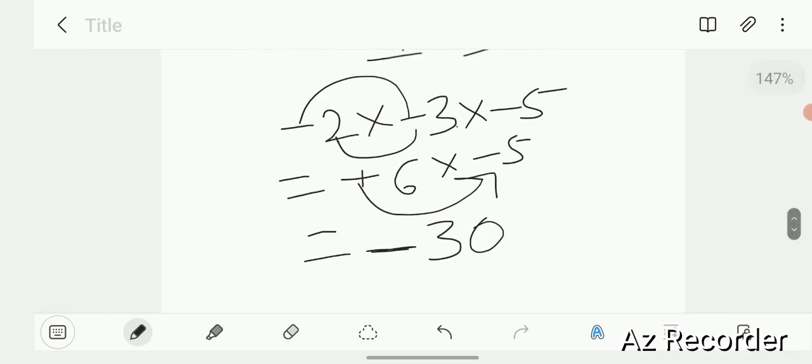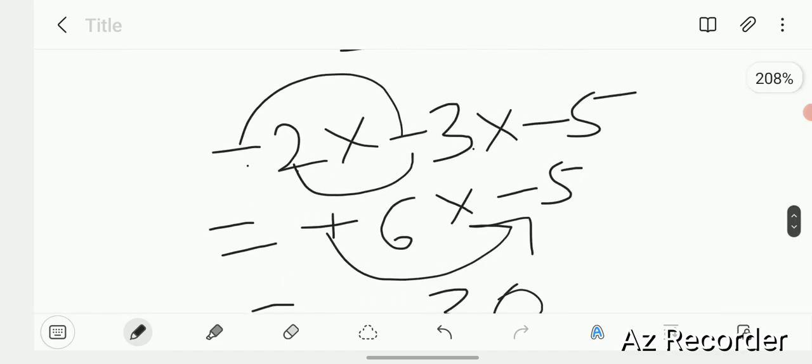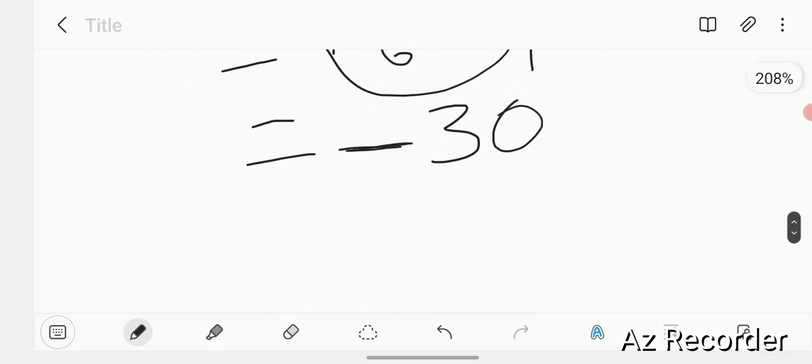As I said, how many negative numbers are there? 1, 2, 3. Then an odd number of negative numbers are there. If there is an odd number of negative numbers, the result will always be negative. What did you get? This is negative. It means whenever an odd number of negative numbers are multiplied, you will get a negative number.